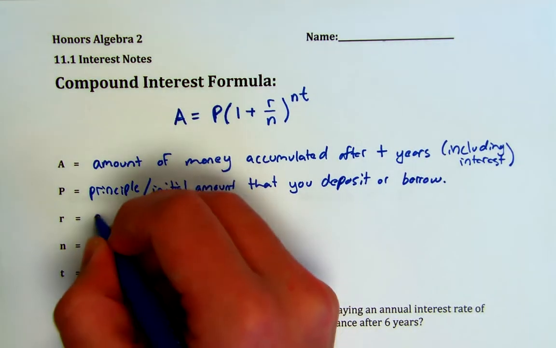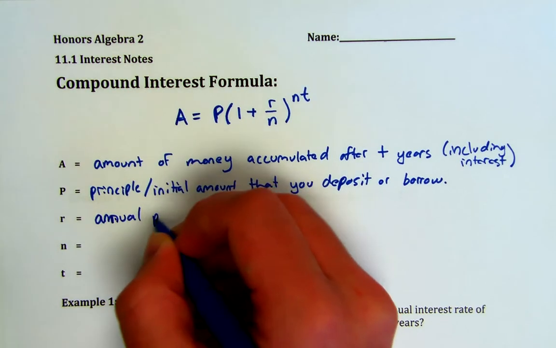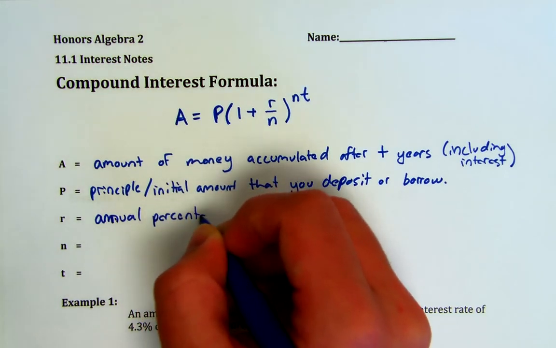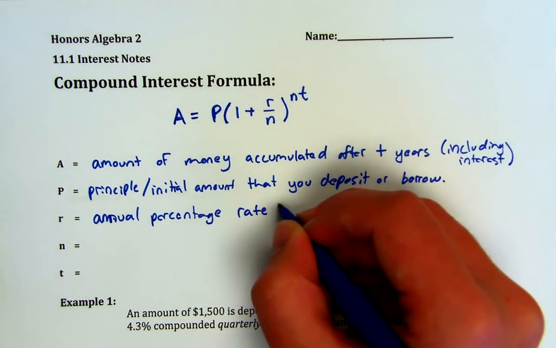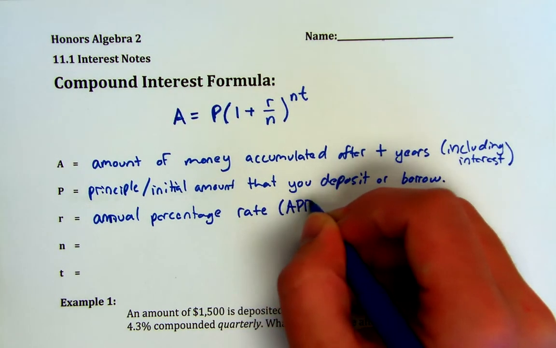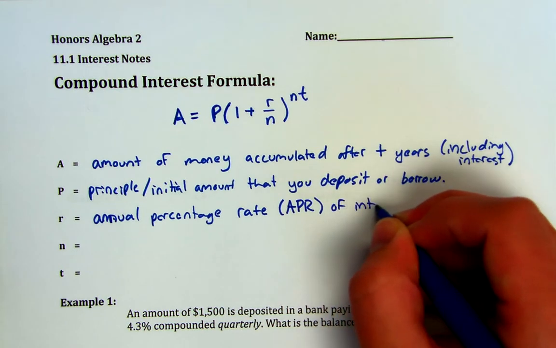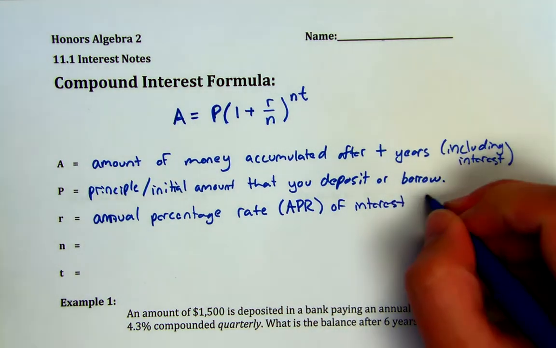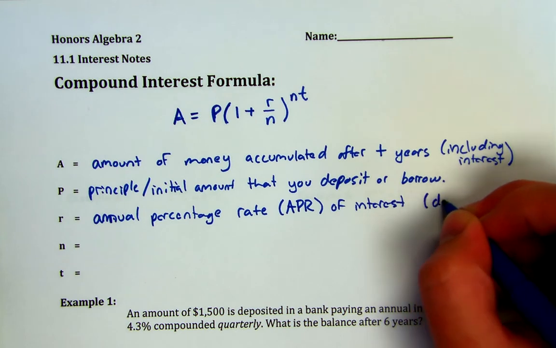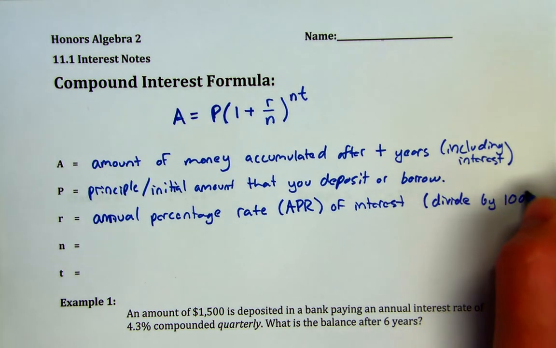R is the annual percentage rate, which sometimes you will refer to as an APR of interest. And with that, we have to remember to divide by 100.